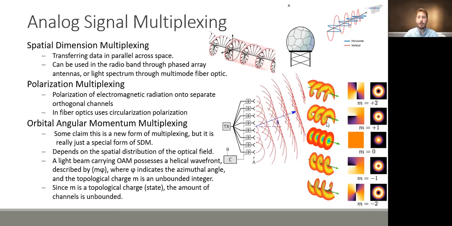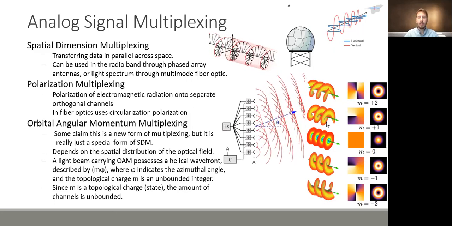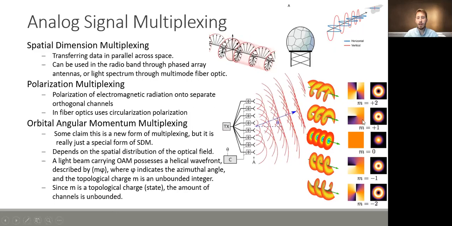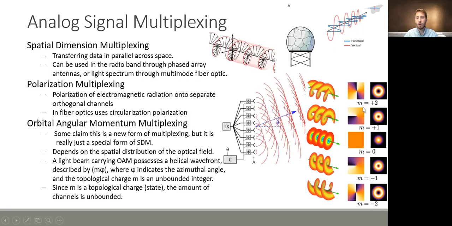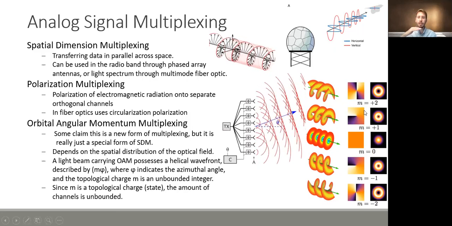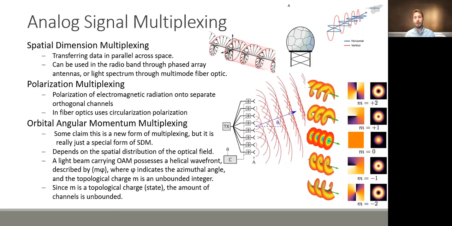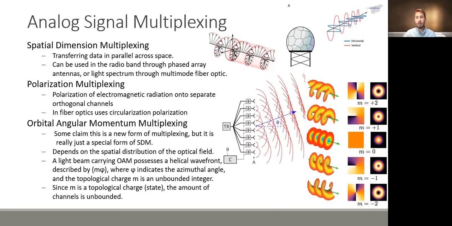Part of the reason this can be kind of true is because you do have topological charge states. This is a term used in quantum, where you add individual defined states at a quantum level, and they can even go up to infinity. So in this way, this is similar.